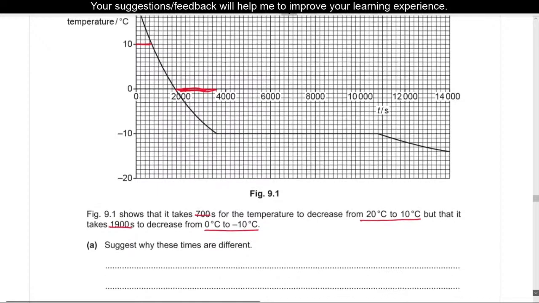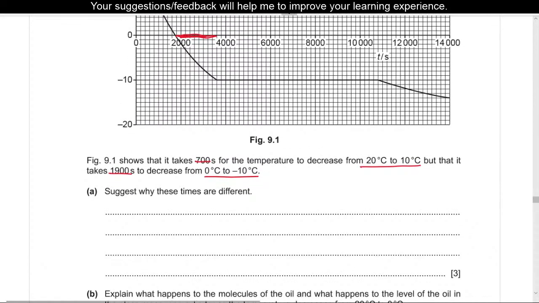So what do you think? Please give some response.